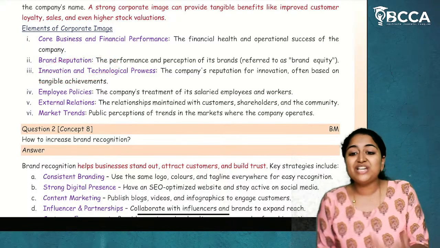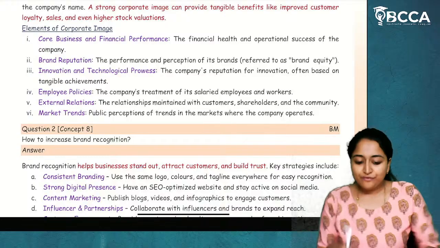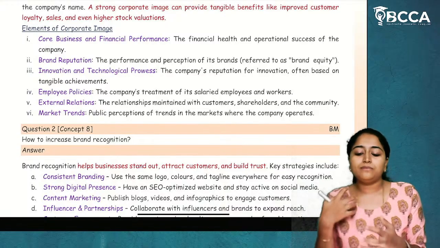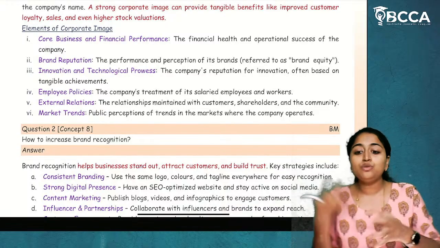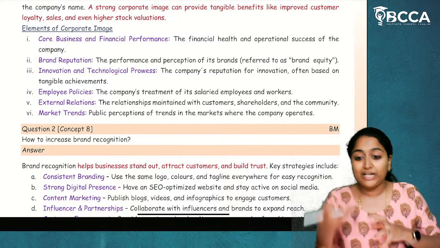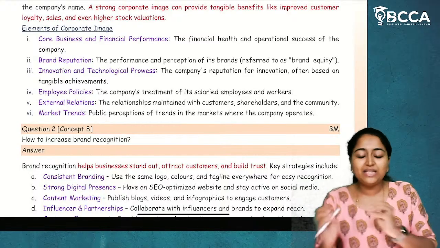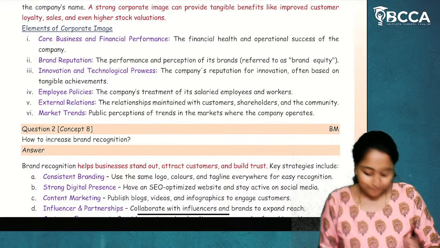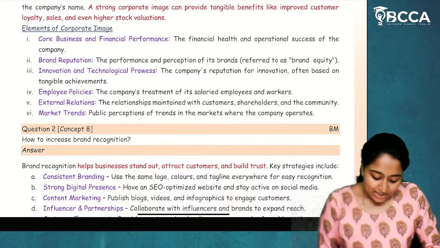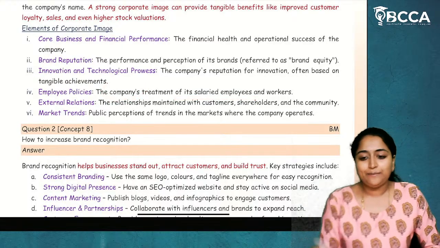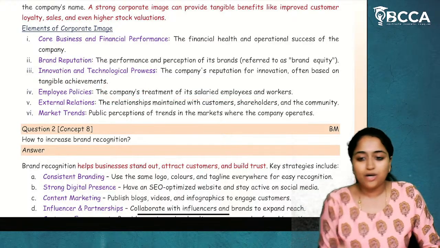Next is innovation and technology progress. If every other day they are trying to get into the trend, they are upgrading the technology, they are bringing new innovations in their products and services, then there will be a good corporate image. Then employee policies, the company's treatment towards salaried employees, how the employees are being treated in the organization.